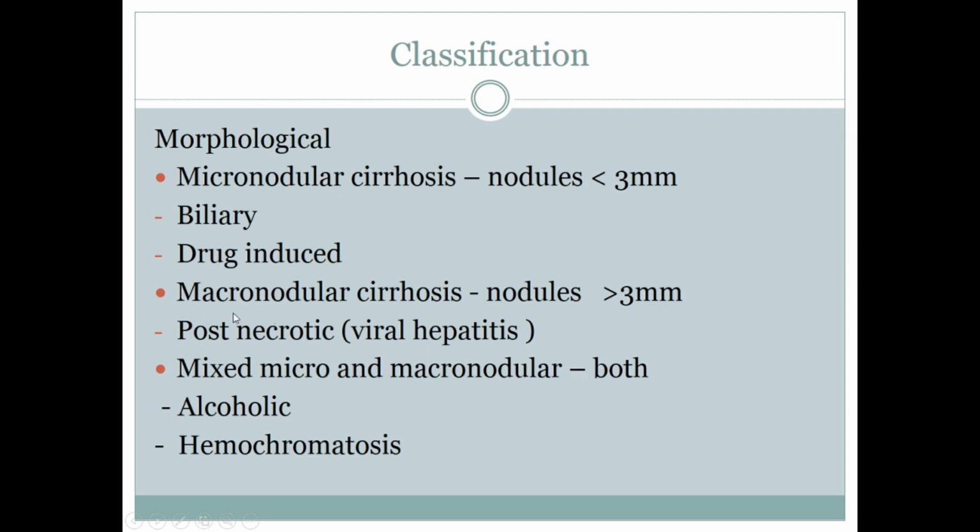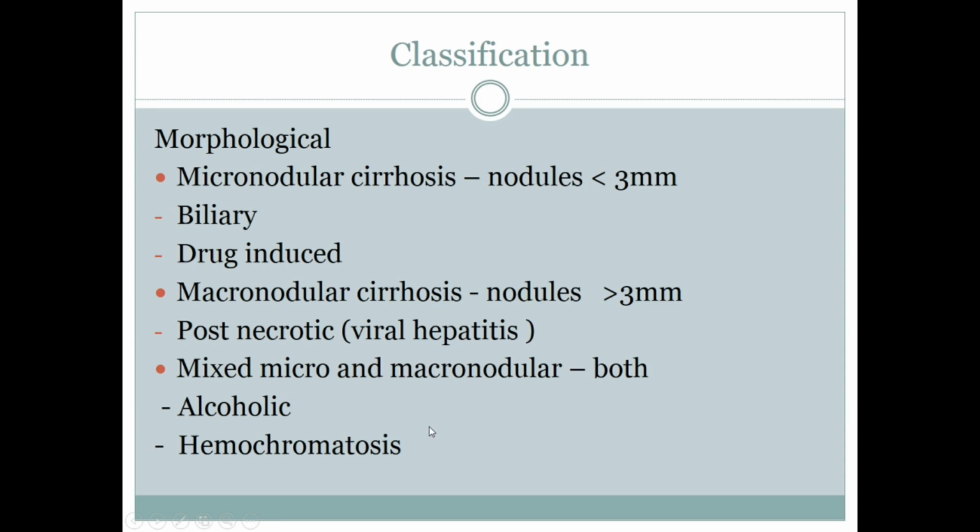Macronodular is usually because of post-necrotic, like in viral hepatitis, when there is extensive necrosis of the liver with degeneration of the extracellular matrix. Then, like I said, there are regenerating nodules which form. Those are usually macronodular cirrhosis. Then mixed is in alcoholic cirrhosis and hemochromatosis.